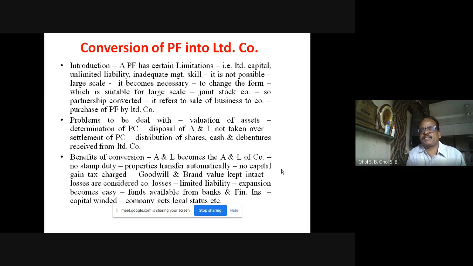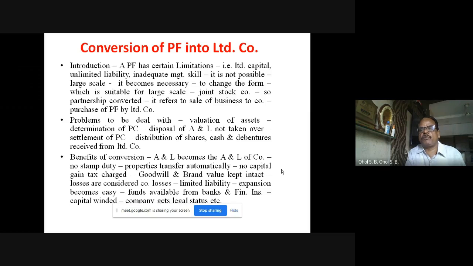The sale of business is made to the limited company, and sometimes the purchase of the partnership firm is done by the existing company on a particular day. So this is the conversion of partnership firm into limited company.